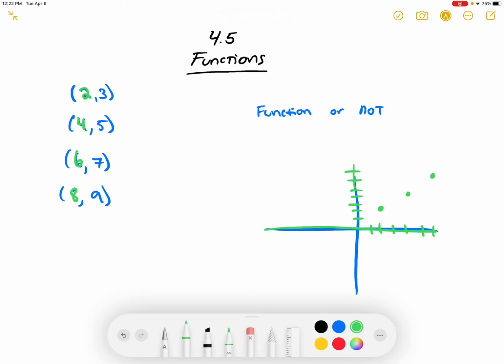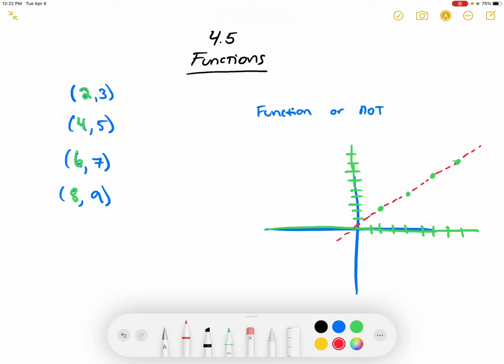It's a line, it looks like. And then 8 comma 9, which would be 8, and then up 9. So if you plotted them, that's the shape it would make, right? And you can plot a line through those.